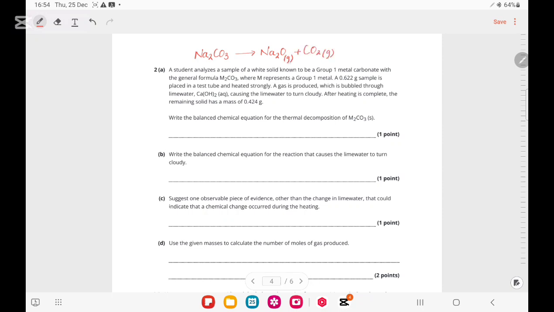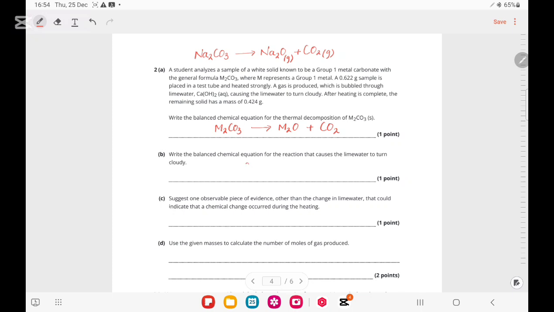In a similar manner, we can write the equation for M2CO3, that is going to be M2O plus CO2.